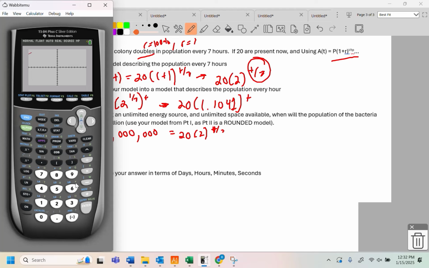You do a zoom 6 because you don't know what your previous window settings were based on who grabbed your calculator. And some of you are discovering if you don't get the windows quite right, the calculators freeze up quite often. Wait till the little circle's done. We need to change our Y max to be something over a billion, so I'm going to do a whole bunch of ones. That looks right, I'm counting. And I'm going to go out 100 hours in the future. I don't think that's enough. Maybe I'll see something.